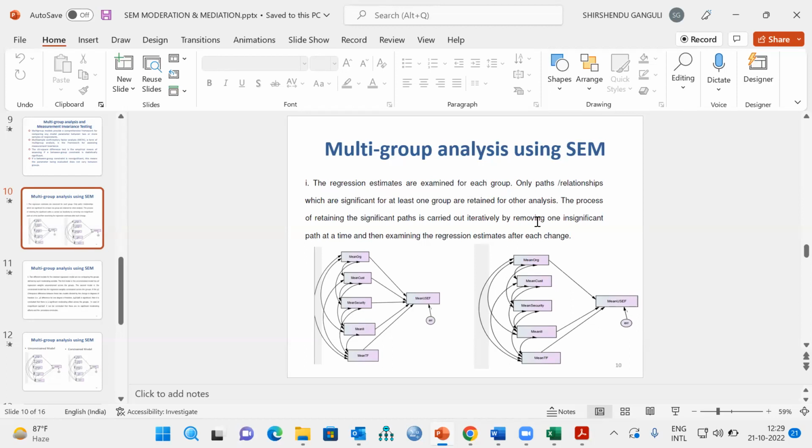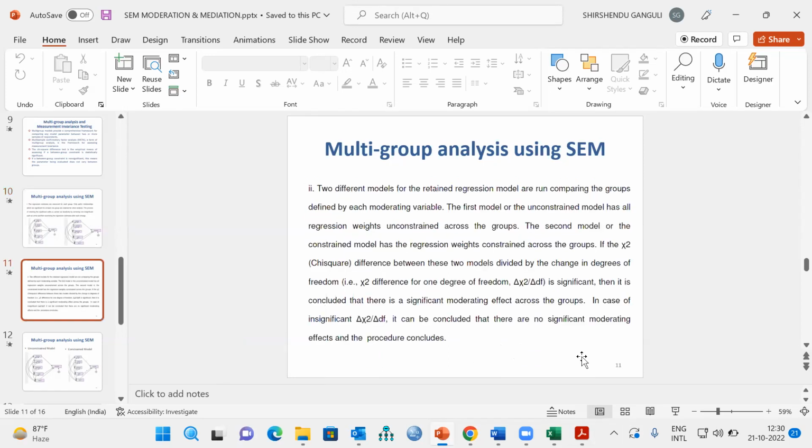Those paths which are significant for at least one group are retained in the model, and the paths which are not significant for both groups are first removed. One by one, not all together. We have shown you together like this, but what I have done is remove them one by one. First I removed this path, second I removed this path. You stop at the point where all the paths are significant for at least one group, which we have stopped here.